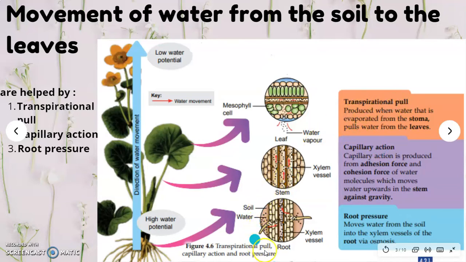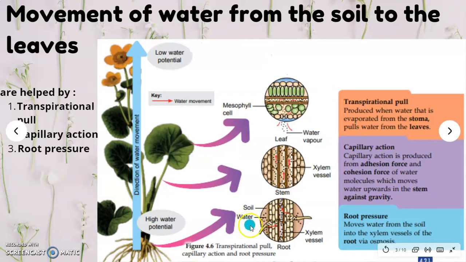So what is root pressure? Root pressure moves water from the soil into the xylem vessels of the root via osmosis. It is a pressure that moves the water from the soil into the xylem vessels of the root. As you can see from the figure, this refers to the water. And then what happens to the water?